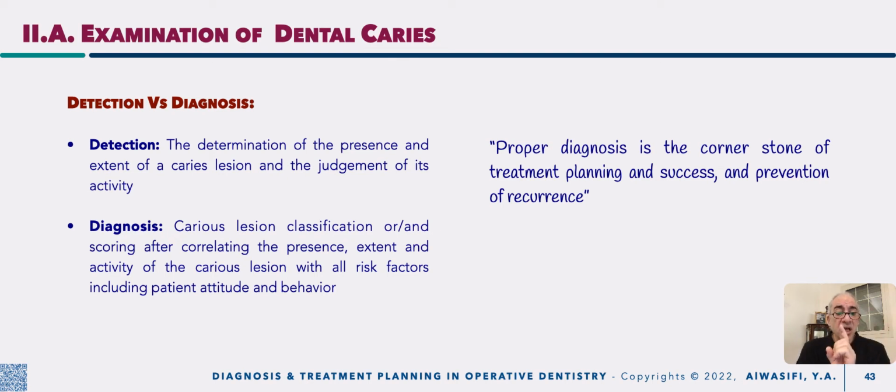It is not only determining the presence of dental caries and the extent of its activity, but we should also report the risk factors, including patient attitude and behavior, because all of these play an important role in the success of minimal invasive atraumatic preparations. Proper early diagnosis constitutes the cornerstone of treatment planning, success and prevention of recurrence.